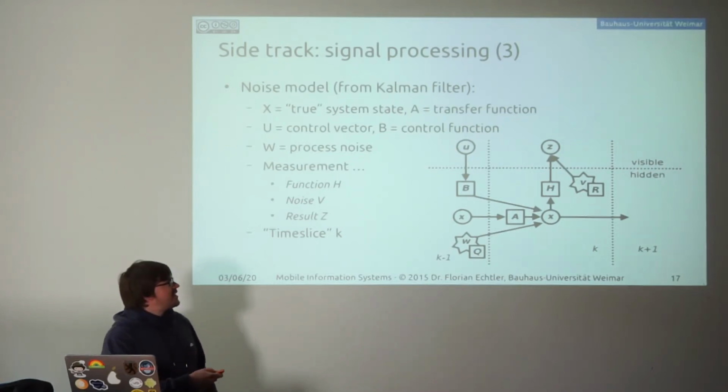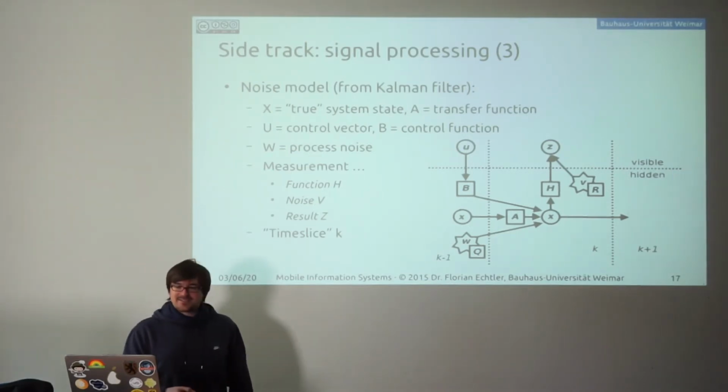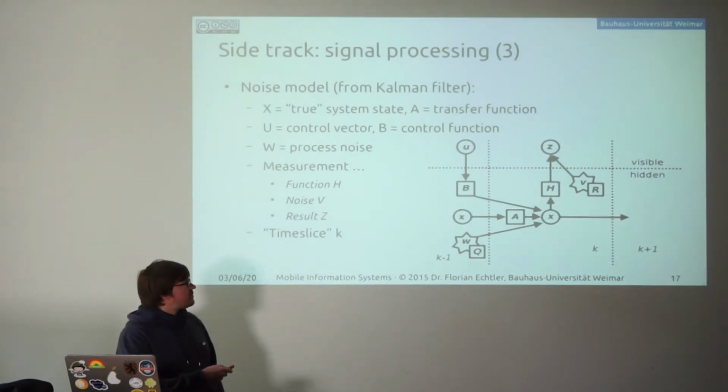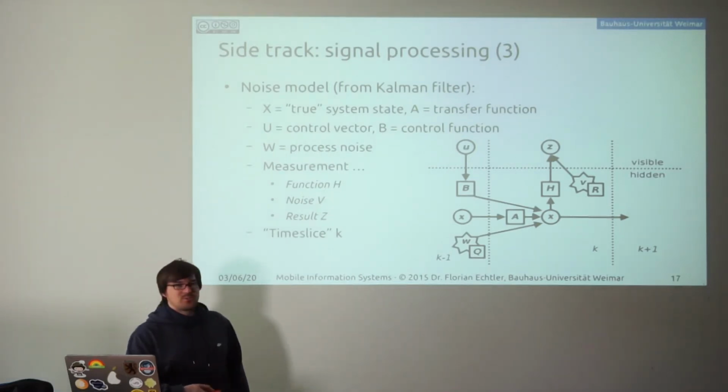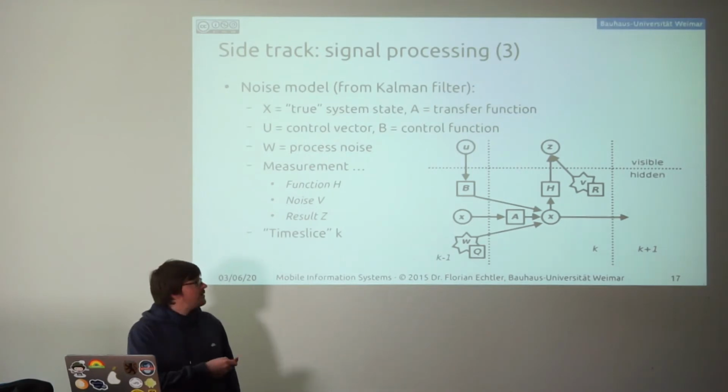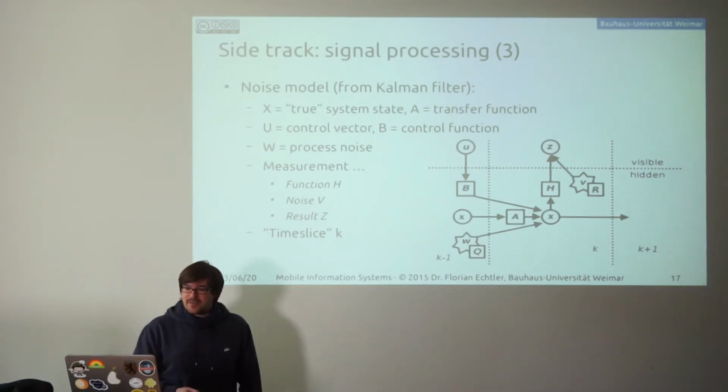And so the idea behind the Kalman filter is that here in the center, this value x is the true state of the system, let's say the true acceleration value of our device that we want to measure. And we have a so-called transfer function. This is A, which takes us from one time step to the next. So in between two time steps, the old system state is transferred through that function A into the new system state.